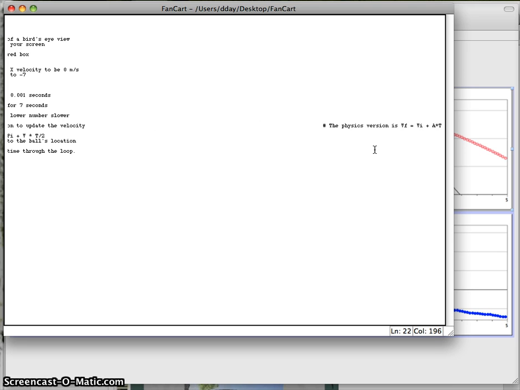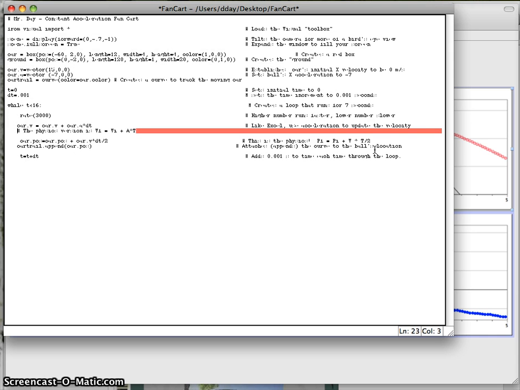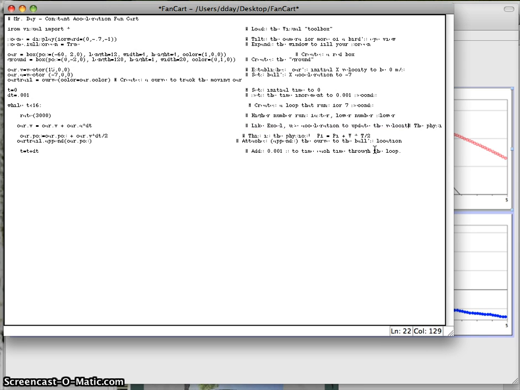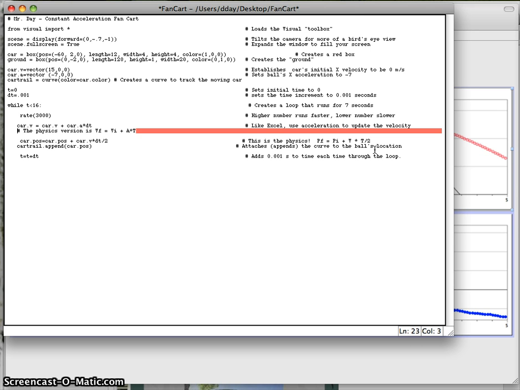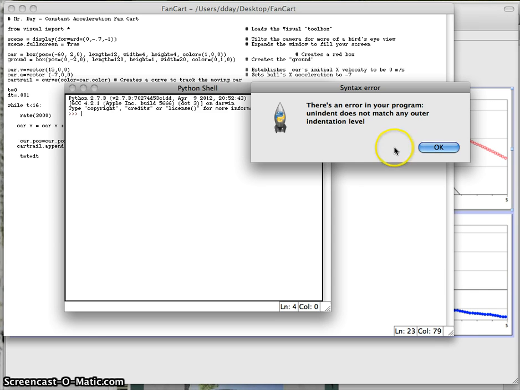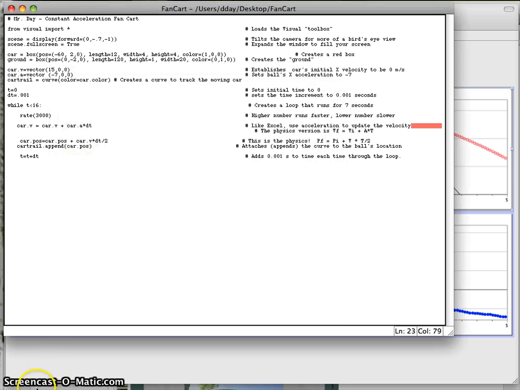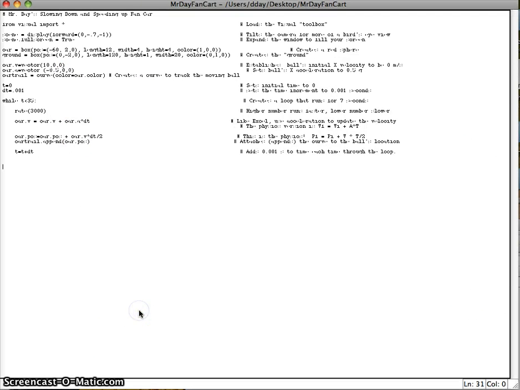So let me move this. Okay, should be getting better. Nope. Alright, so I'm not sure what was wrong, but I think I fixed the code.